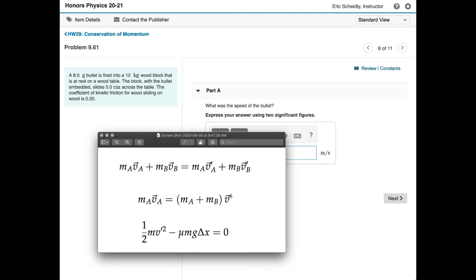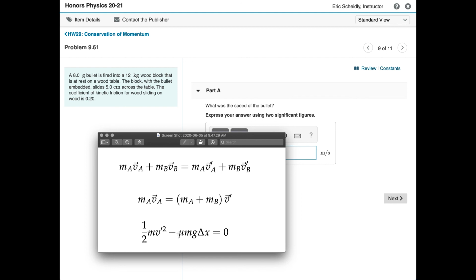So I need another equation to bring in. I have an unknown VA and an unknown V prime. I need another equation. Well, the equation is going to be the law of conservation of energy. After the bullet embeds itself in the block, the bullet and the block together with a total mass m have kinetic energy.